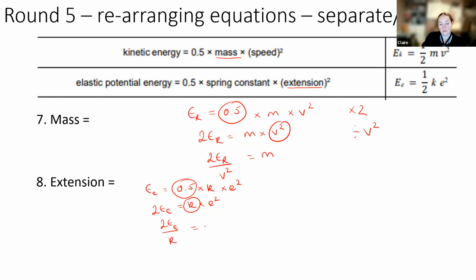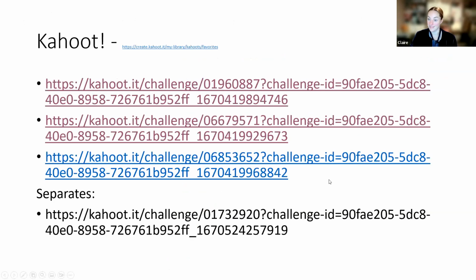Divided by the spring constant equals e squared. And then we need to get rid of the squared, so therefore, you square root. My voice is really bad now. And that is your answer. Again, just practice, practice. Well done. Root the whole thing. Yes. Brilliant. I think that was it.